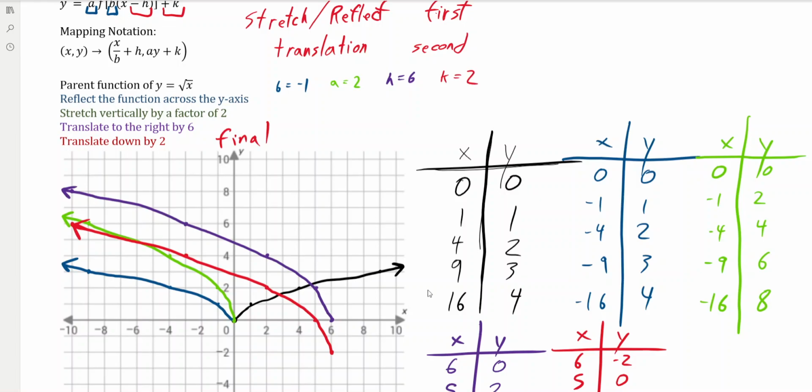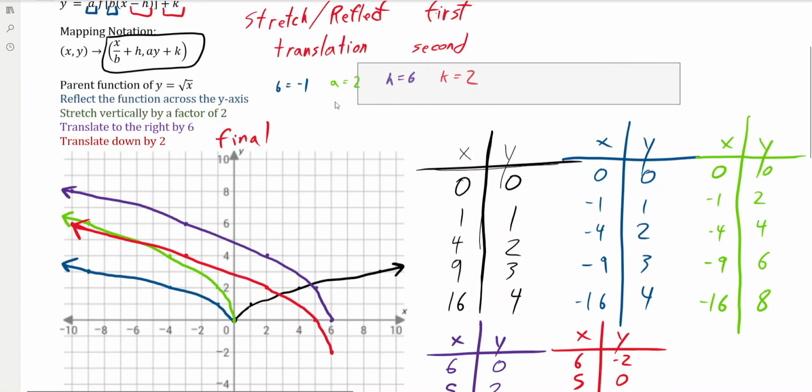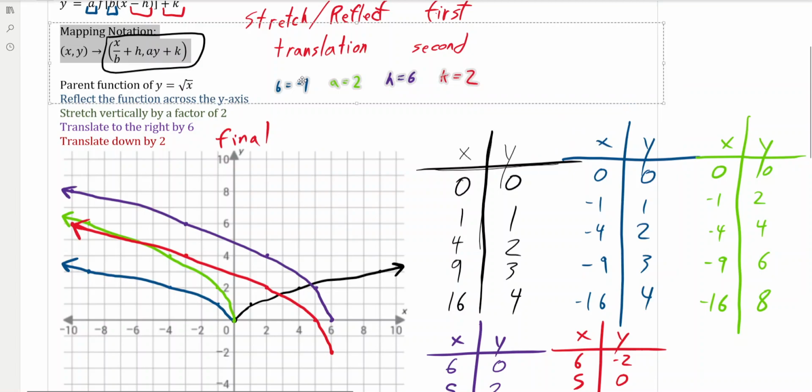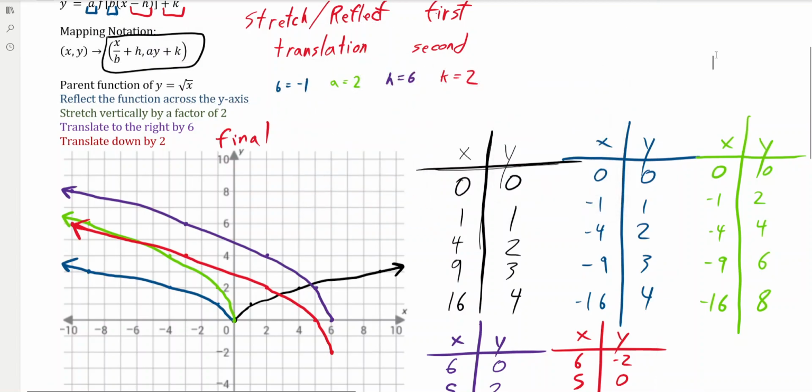We can also choose alternatively, instead of doing it this data table way or by looking at the dots on the graph, you could simply put whatever into mapping notation. So what that could look like is, let's see if I can. No, I can't. That's okay. What we can do is put it into mapping notation.